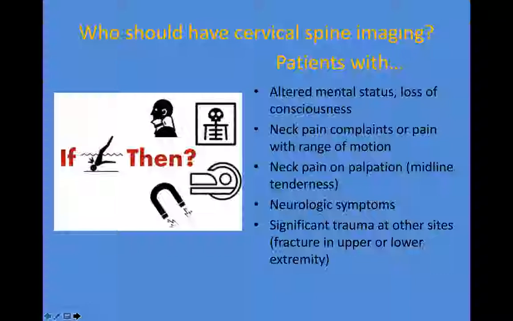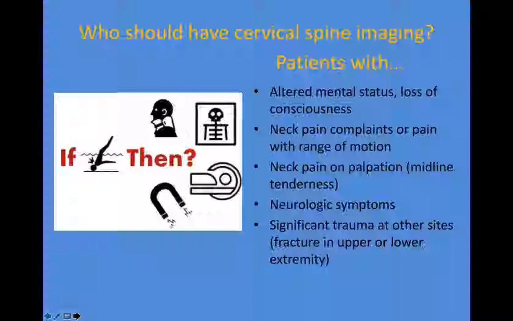So when you see a patient come into the ED, clearly patients who have altered mental status or loss of consciousness should have cervical spine imaging. And these are all things that you're going to be evaluating, obviously, when you talk to them and examine them. If they have neck pain complaints, and that's not just when they're not moving, but with motion.